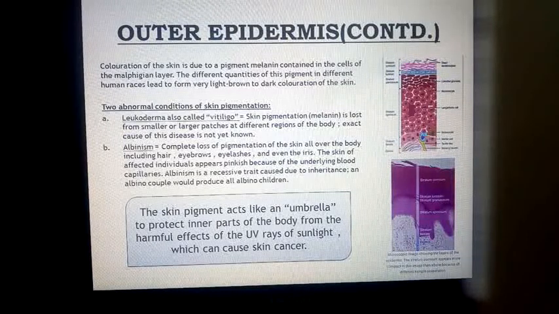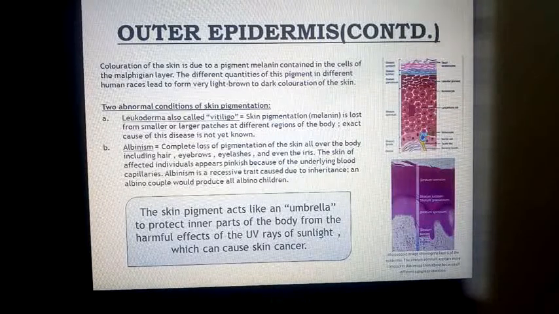All these are due to the pigment. The skin pigment acts like an umbrella to protect the inner parts of the body from the harmful effects of the UV rays of sunlight, which can cause skin cancer. Got it? And we have a few abnormalities caused due to skin pigmentation.